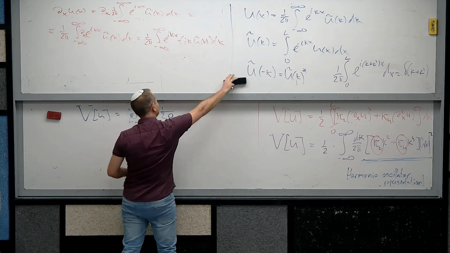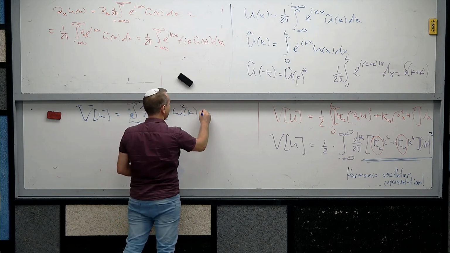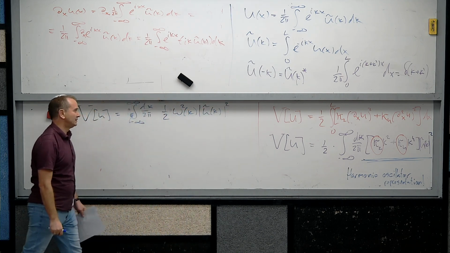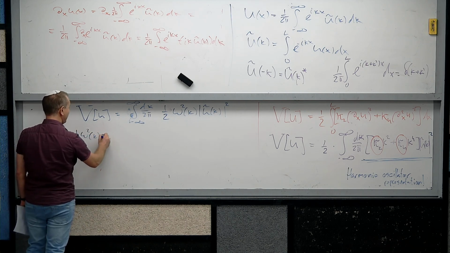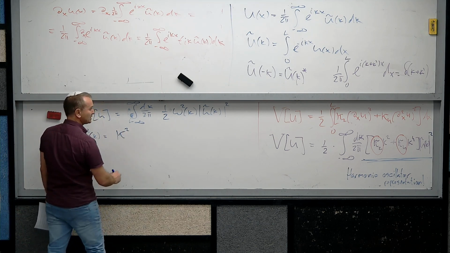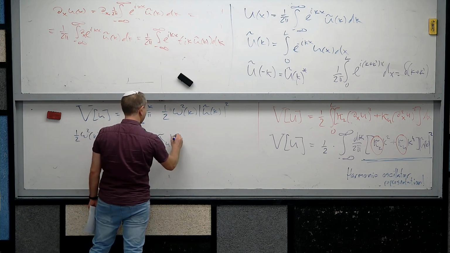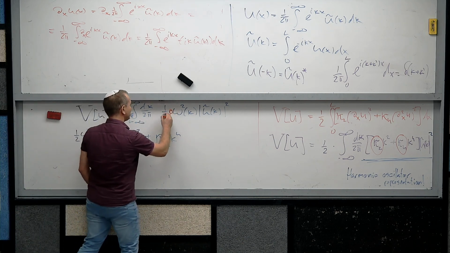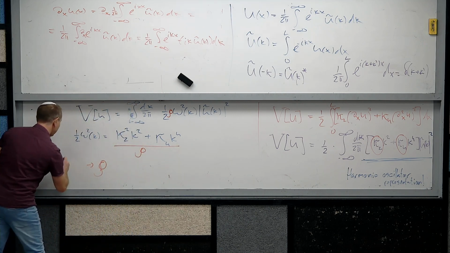Or let's write it down already as 1/2 omega squared of k times the absolute value of u tilde of k squared, where omega squared of k equals kappa 2 k squared plus kappa 4 k to the 4th power. I will put here rho and divide everything by rho, which is the local mass.